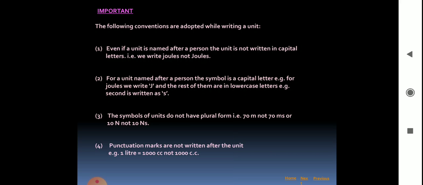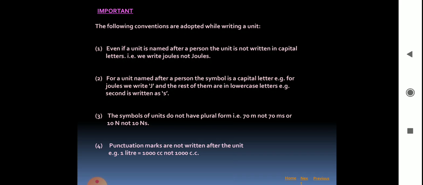If you are writing the complete name of the person, like for force, the unit is newton, all the letters are in lowercase. While writing the symbol, you have to write a capital letter, so for newton the symbol is capital N.